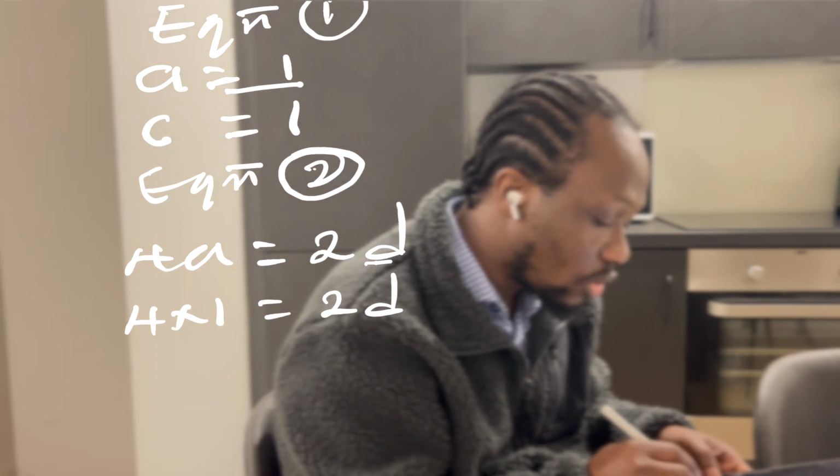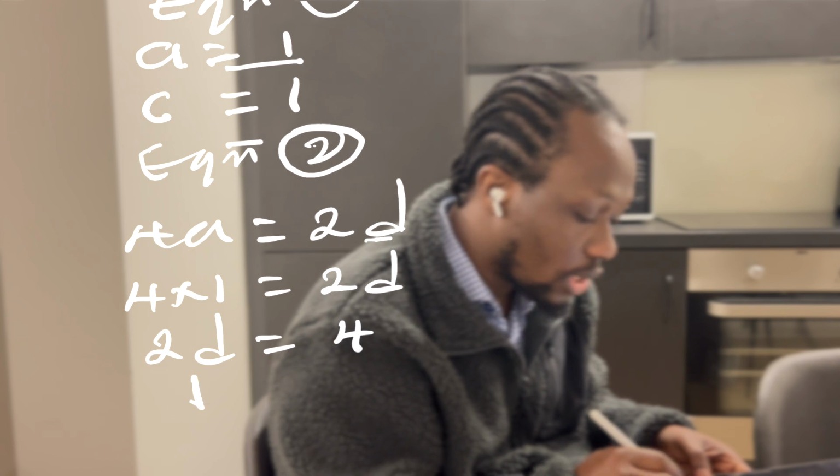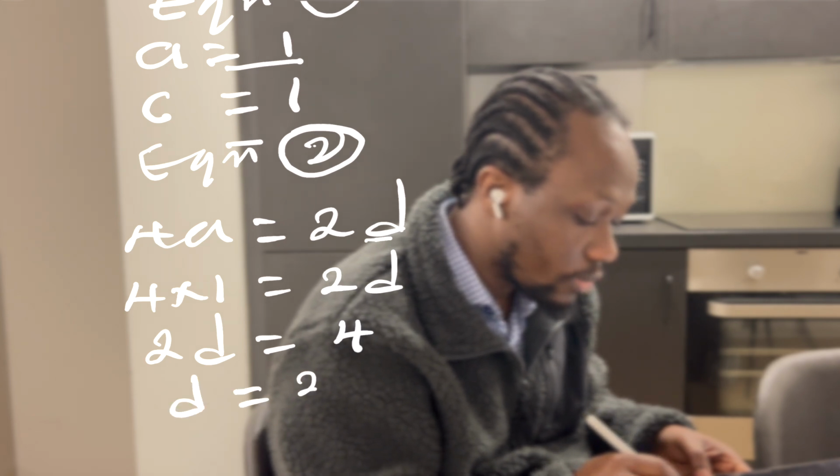Therefore, 2D is equal to 4. Dividing both sides by 2, D is equal to 2.